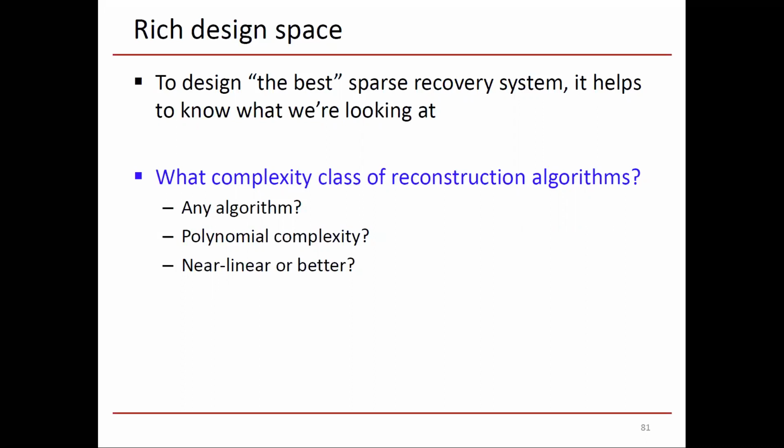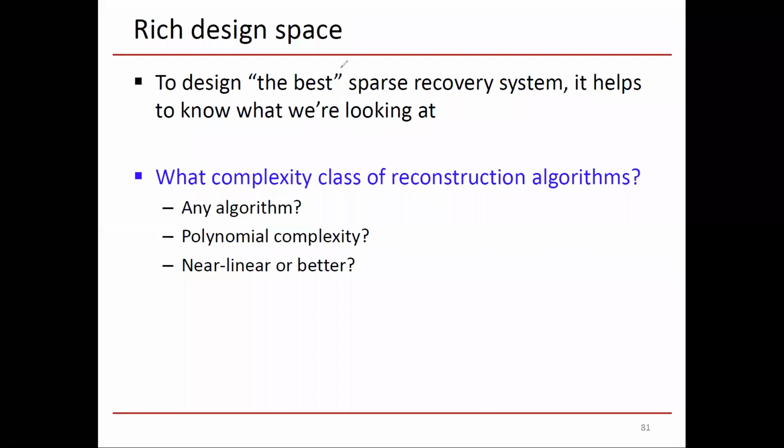Or maybe we're requiring polynomial complexity, or maybe we're requiring near linear complexity, maybe just a bit slower than linear. And actually, it turns out that there are algorithms that are sublinear complexity. Now, I know that this seems weird, but let me explain just a bit what I mean.